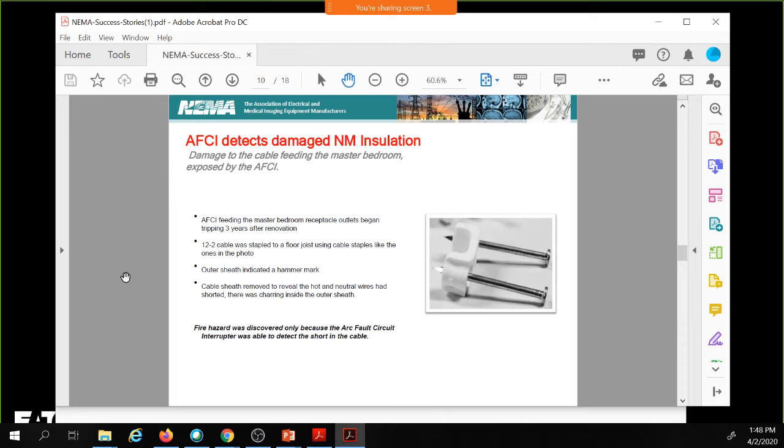Now, some people will say all you need to do is use an insulated staple, that'll solve all your problems. Well, no, it won't, because you've got to hit the staple, right? In this case, the cable sheath was removed, and you can see the hammer marks on the cable. So the type of staple that you use doesn't really matter, because you're still driving those staples with hammers, and we still have trouble hitting the mark, right?